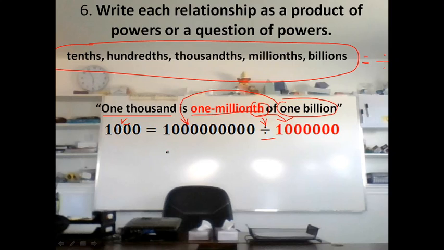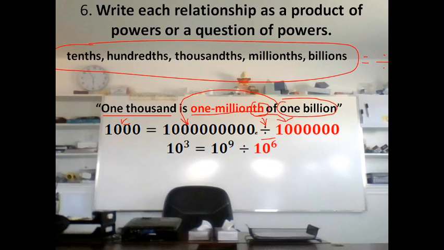So we now have this in an equation form. And now that we have this in equation form, we can turn this into powers of 10. So 1,000 is 10 to the power of 3, 1 billion is 10 to the power of 9, and 1 million is 10 to the power of 6.